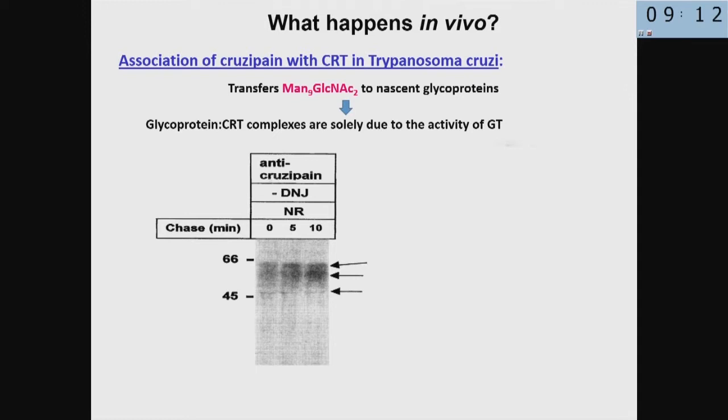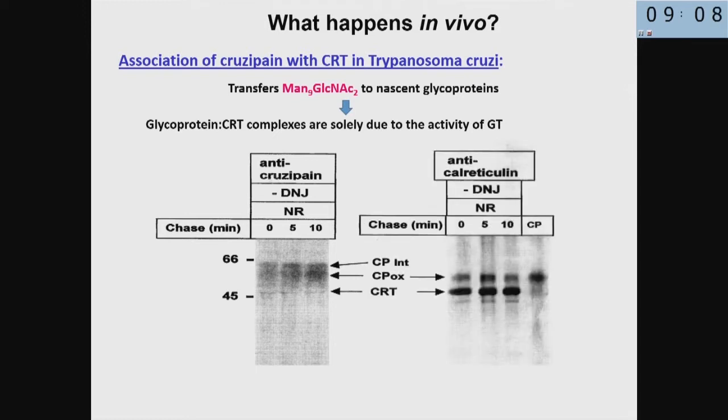And you see, when we ran the sample in a non-reducing gel, we have the fully oxidized cruzipain on the left, and some intermediates, cruzipain with an intermediate number of disulfide bridges.